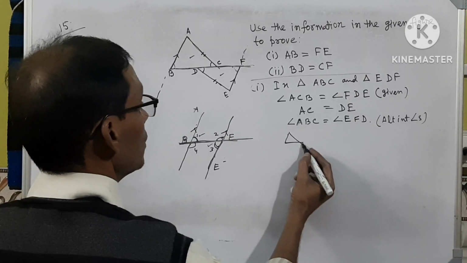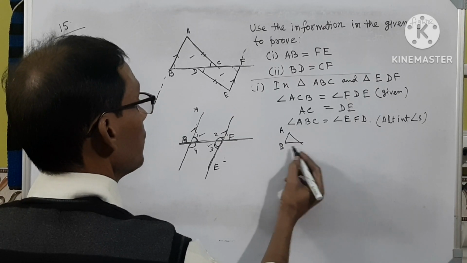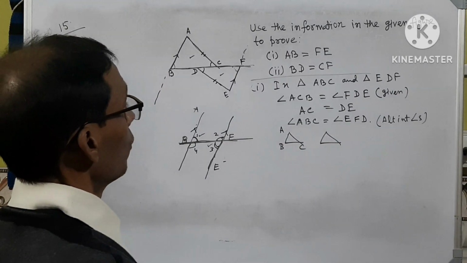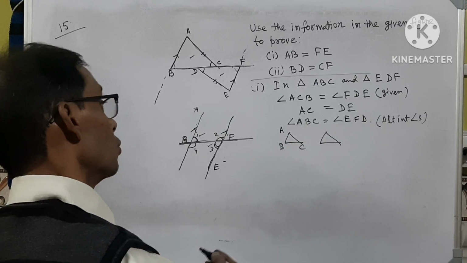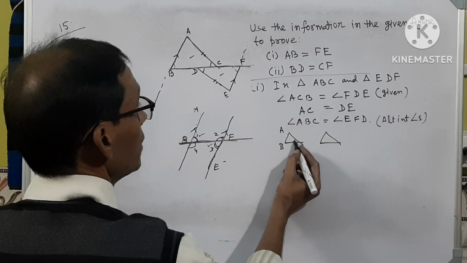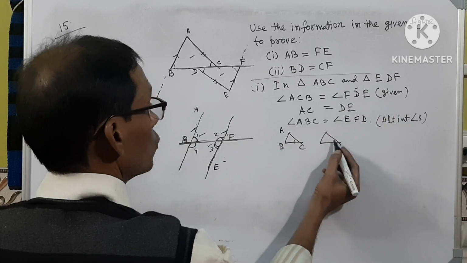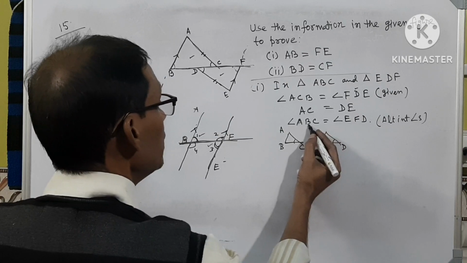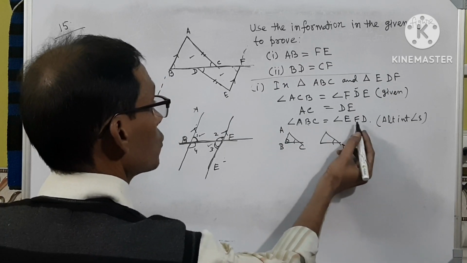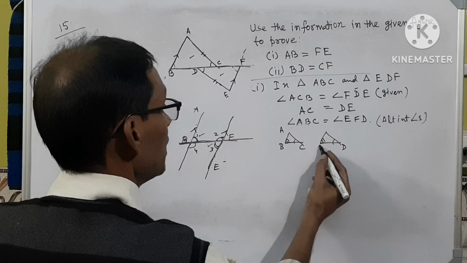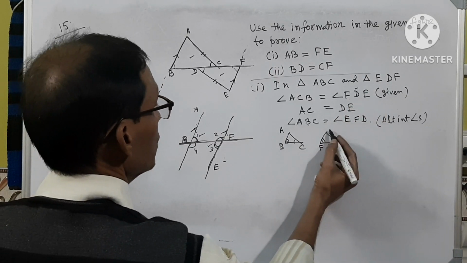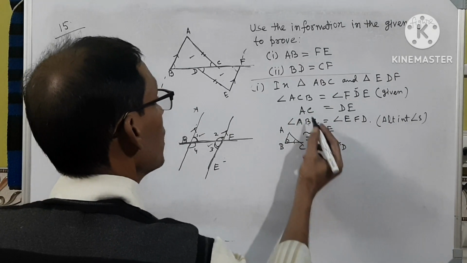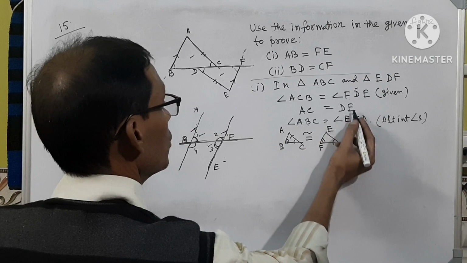Now you know ABC and you have to say DEF. Let us see what corresponds to what. This C corresponds to D, so you have to write D. B corresponds to F, so this becomes F, and EFD, so the remaining one is E. And one more, AC is equal to DE.